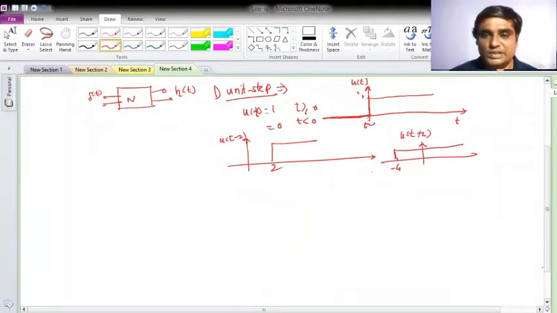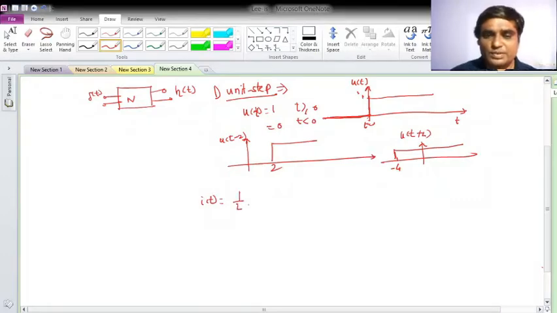Now suppose such a signal, the unit step signal, I give it to, say, an inductor as a voltage signal. Suppose this u of t is a voltage signal I give to the inductor, and let me find out what the current through it is.